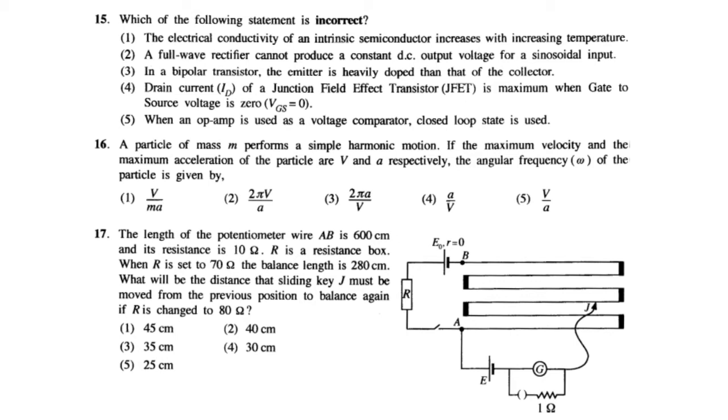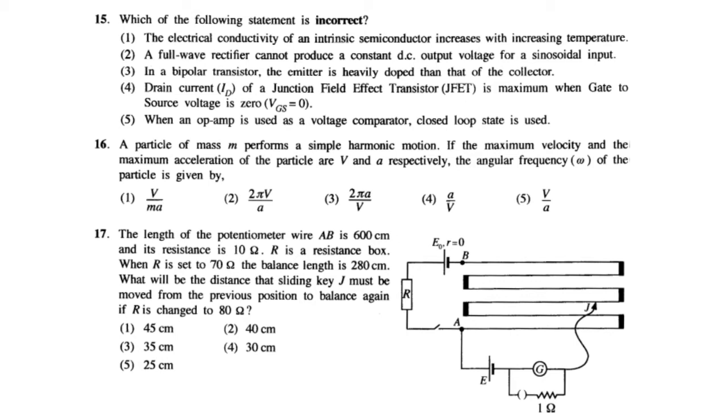2. A full wave rectifier cannot produce a constant DC output voltage for a sinusoidal input. A full wave rectifier can convert the negative side of the sinusoidal wave to a positive output. But a full wave rectifier itself cannot produce a constant DC output voltage.